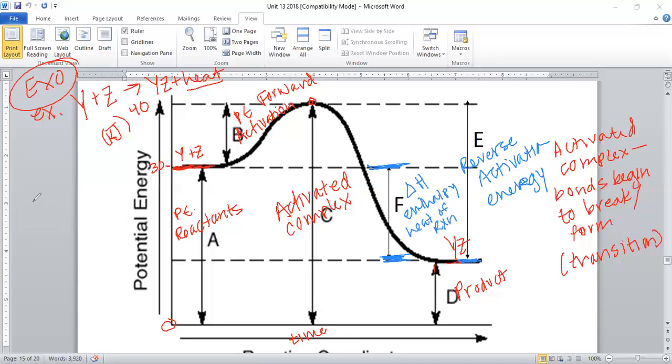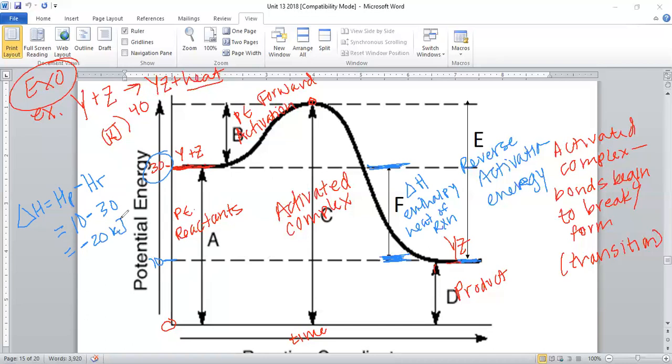The formula for delta H is this: delta H is equal to the heat of your products minus the heat of your reactants. Looking at products, let's label that as 10 kilojoules. So 10 minus the heat of my reactants, 30, and I get negative 20 kilojoules.